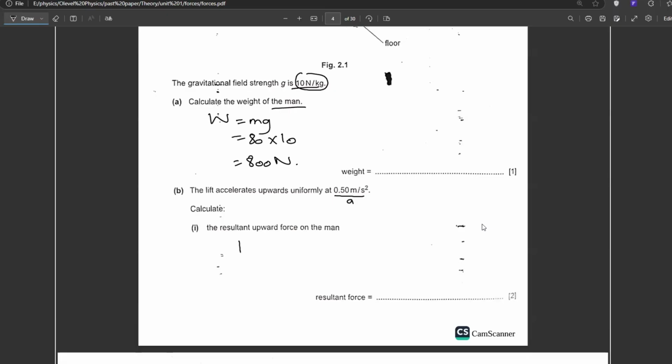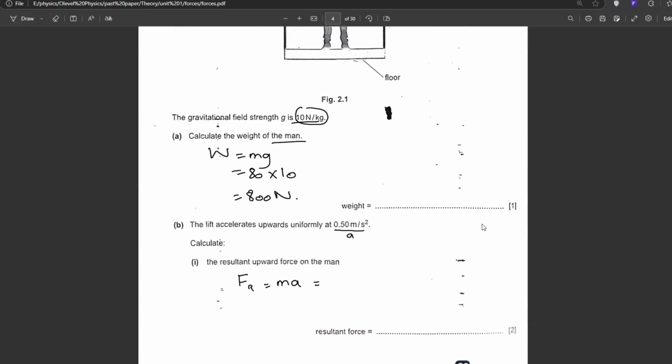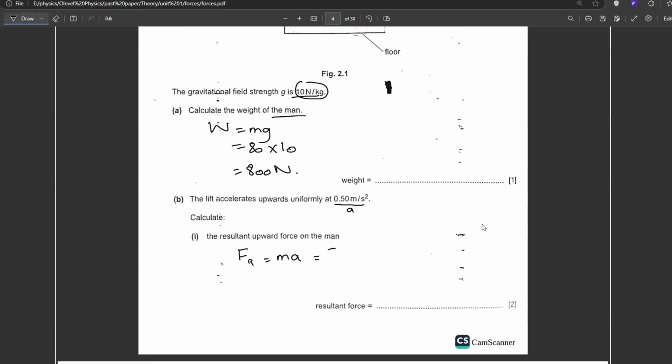Calculate the resultant force upwards. The resultant force upward will be equal to ma. Your mass is 80 kg. Multiply this 80 by your acceleration, that is 0.5. This equals 40 newtons. Your resultant force comes out to be 40 newtons.